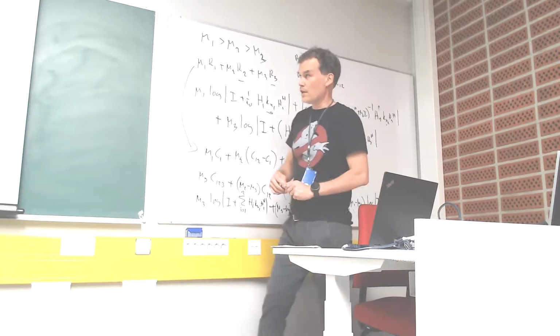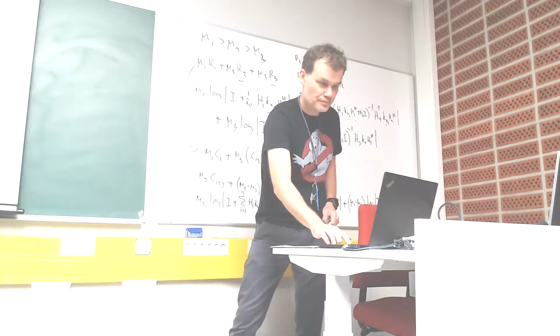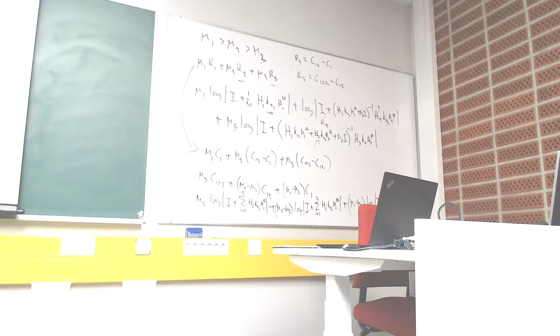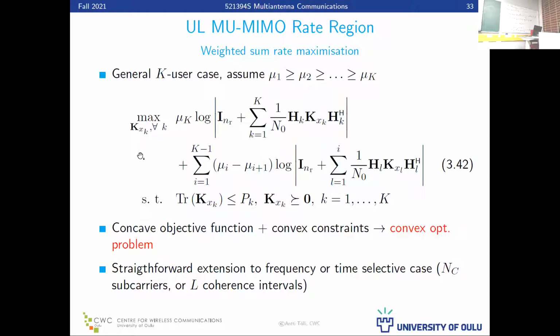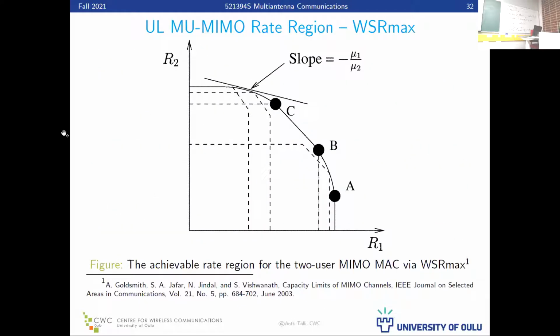Now, if you want to compute the rate region for the 2-user case, you need to quantize. You have to decide on a certain granularity. If you want 100 points for the rate region, 100 points would be fine. But if you go to the three-user case and want the same granularity, that's 100 by 100, 10,000.